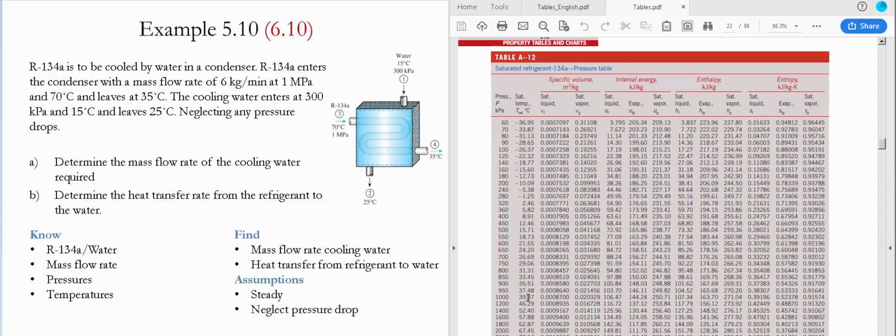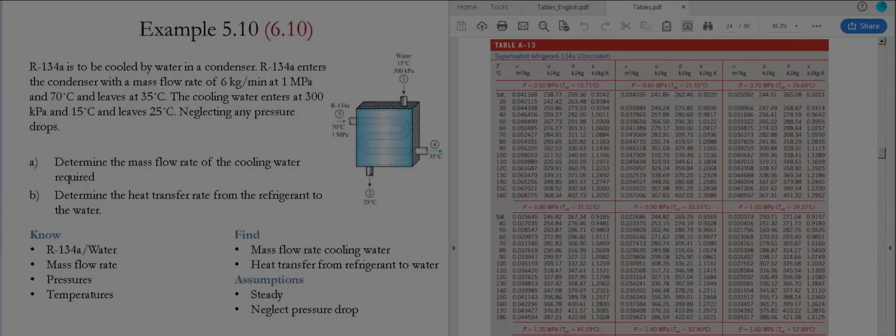This means that the refrigerant entering the system, which is at 70 Celsius, is higher than the saturated temperature. It means that it's a superheated vapor. However, the temperature leaving the control volume is at 35 Celsius, which indicates that the refrigerant behaves as a compressed liquid.